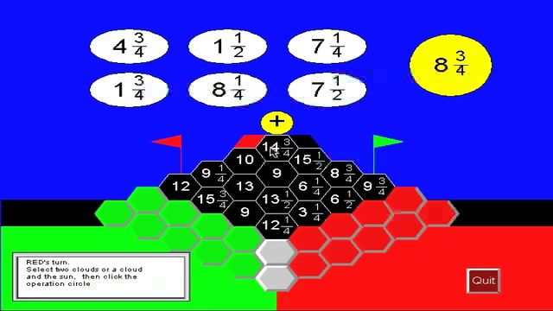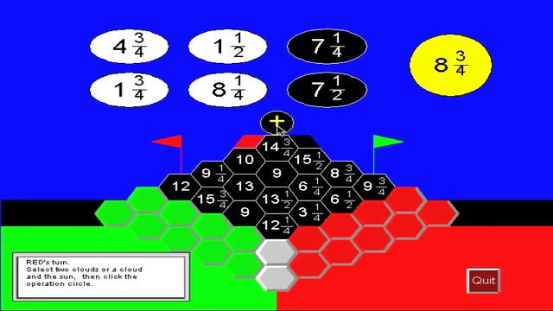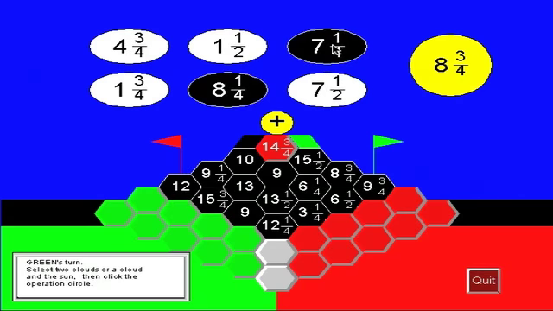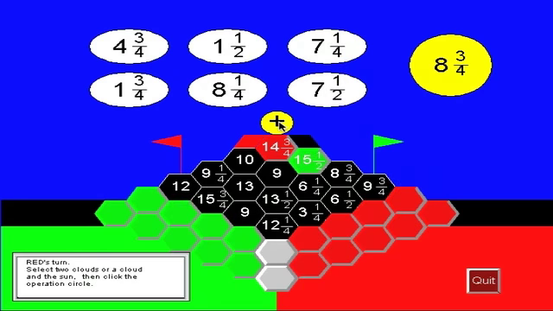So if red is looking for 14 3/4, well, 7 and 7 is 14, and that'll give us our 3/4. And if green is looking to block for 15 1/2, 7 and 8 are 15, and the 4ths will give us the halves.